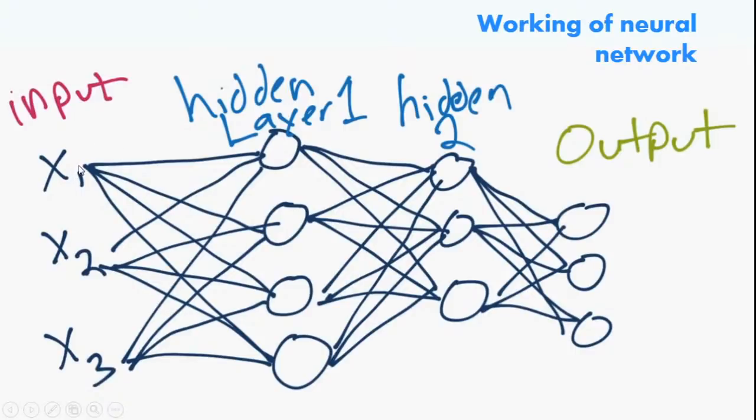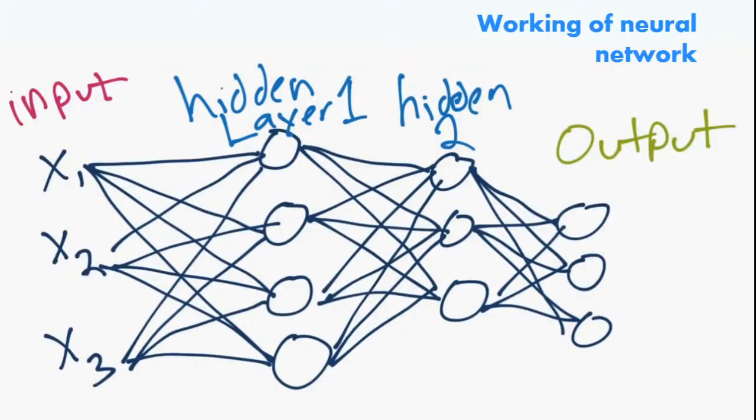Each input x1 will be passed to each neuron of hidden layer 1, and x2 will also be passed to each hidden layer 1 neuron. That is called a fully connected layer. Each line has a unique weight, unique like a fingerprint.